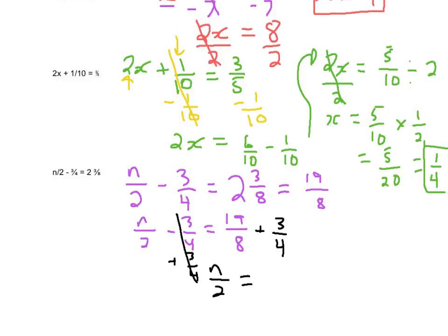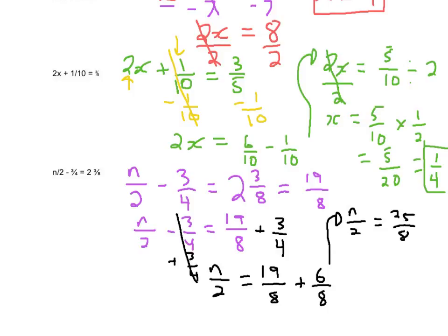The common denominator between 8 and 4 is going to be 8. So we rewrite both of them over 8: 19 over 8 plus 6 over 8. n over 2 is equal to 19 over 8 plus 6 over 8. We add the numerators: 25 over 8.